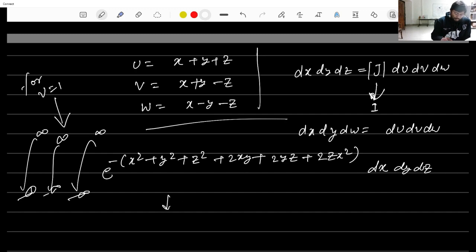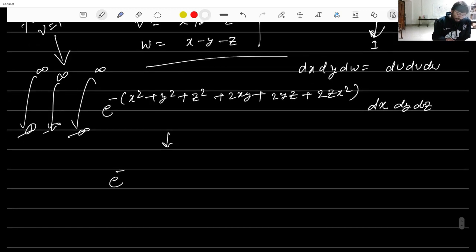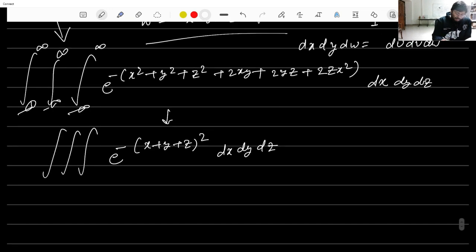So this becomes e to the power minus (x plus y plus z) the whole square dx dy dz, correct. Since we have done the coordinate transformation, this will become e to the power minus u square du dv dw.